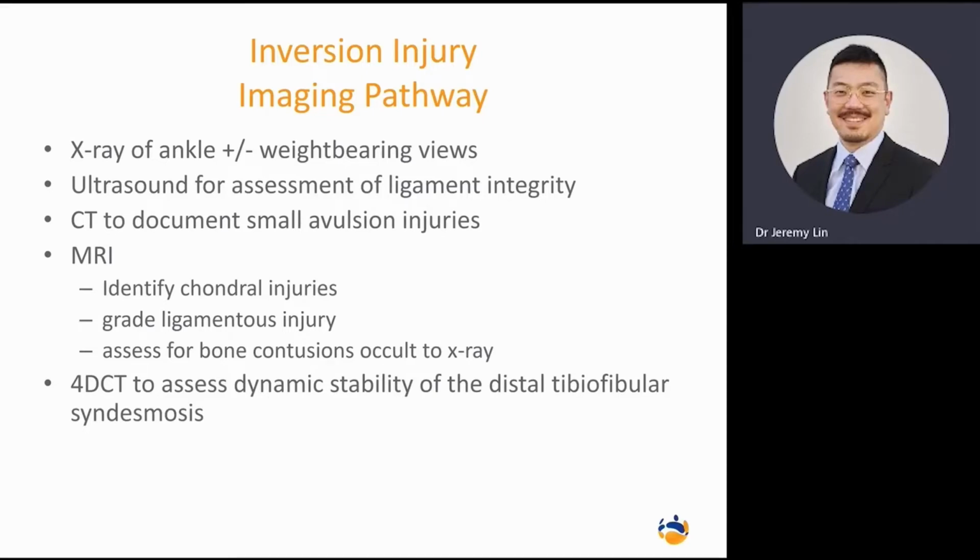The ultrasound is actually quite good at picking up injuries involving the AITFL, the ATFL, and CFL. So if we are at all worried about the integrity of those ligaments, and usually the ATFL is always involved, it would be useful to also refer the patient for an ultrasound study at the same time.